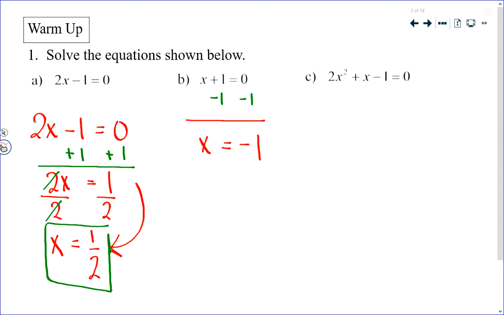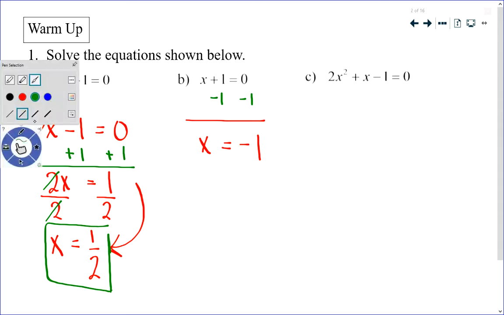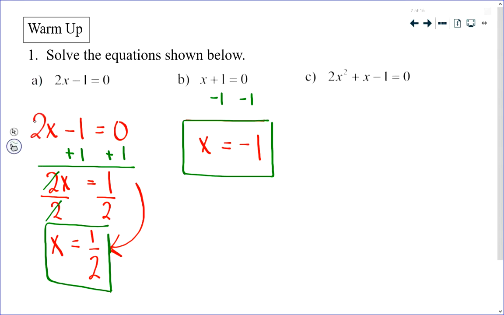So we have two solutions to these two equations. The solution to the first equation is x equals positive 1/2, and the solution to the second is x equals negative 1.